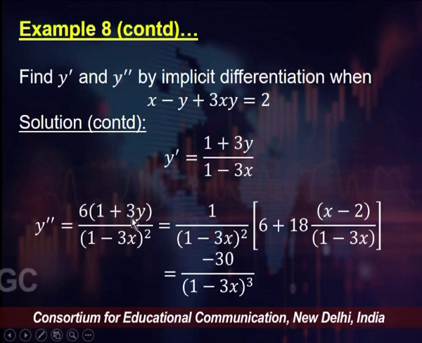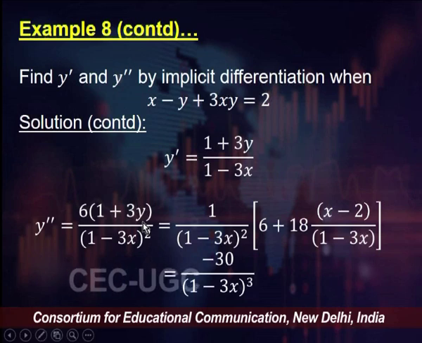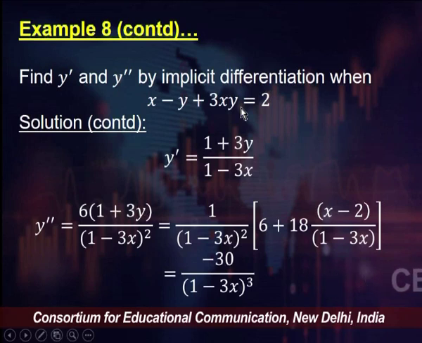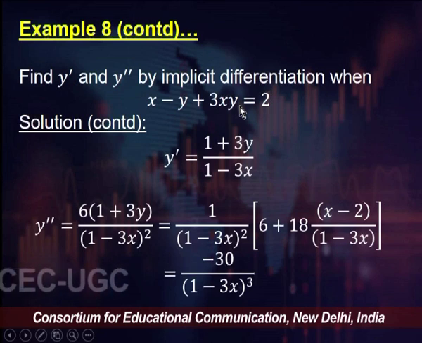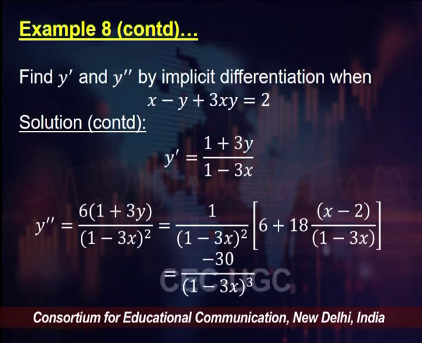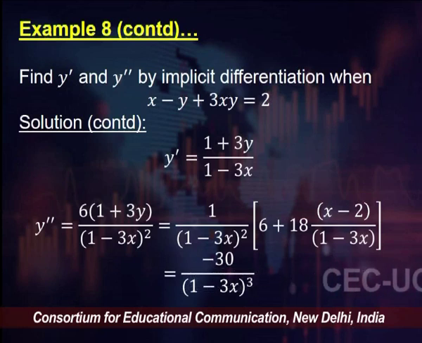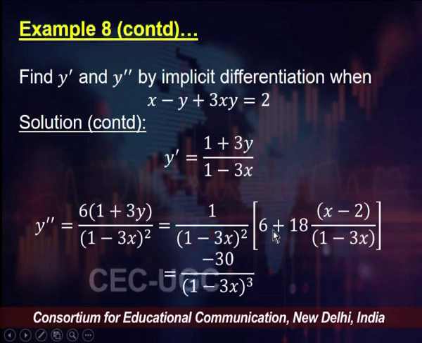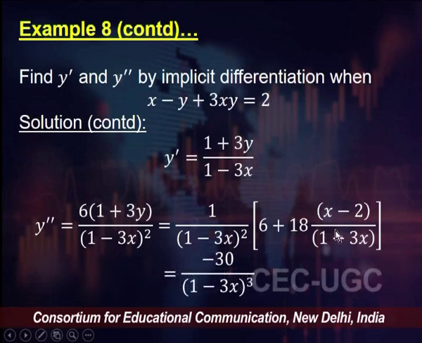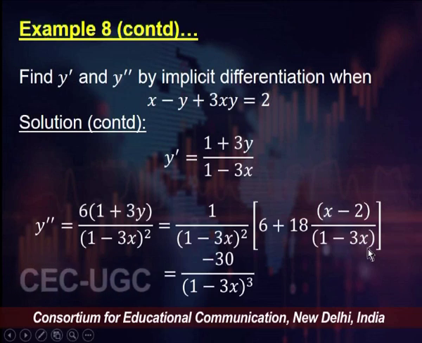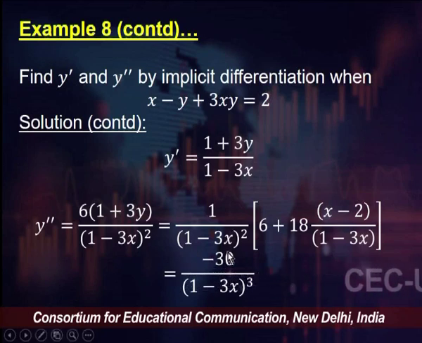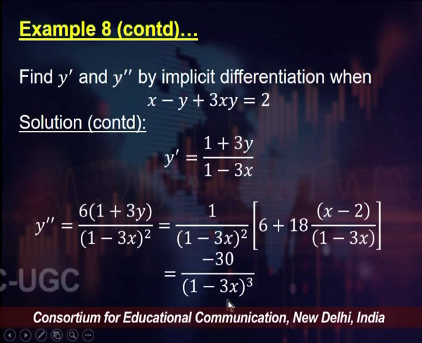So for y double prime, if I were to express everything in terms of x, I just have to substitute for y here, because here I can explicitly solve for y. If you notice, y is nothing but (x minus 2) divided by (1 minus 3x). So if I substitute for y, I have in parentheses in the numerator 6 plus 18 times (x minus 2) divided by (1 minus 3x), and that gives me (1 minus 3x) the whole cubed in the denominator.